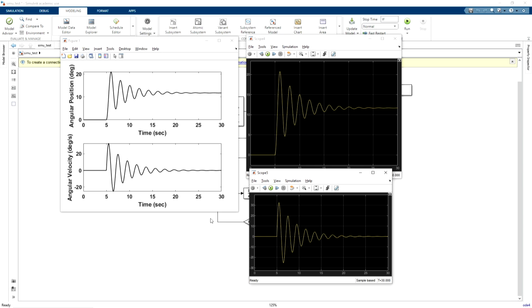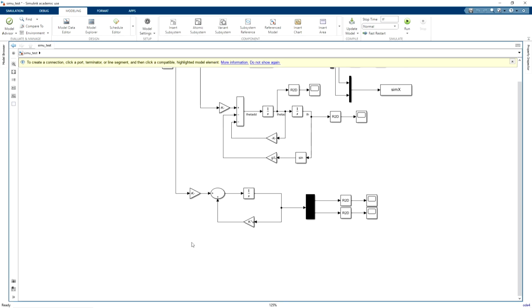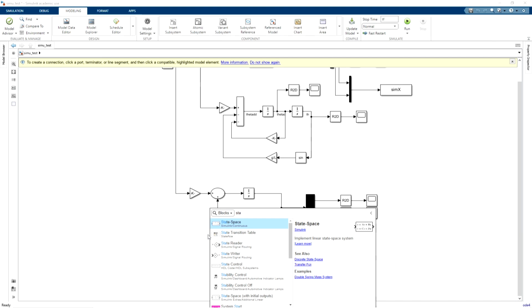All right. Now let us use the same state space block, that is the inbuilt state space block. So MATLAB provides us this inbuilt state space block. I'll just write state space block.